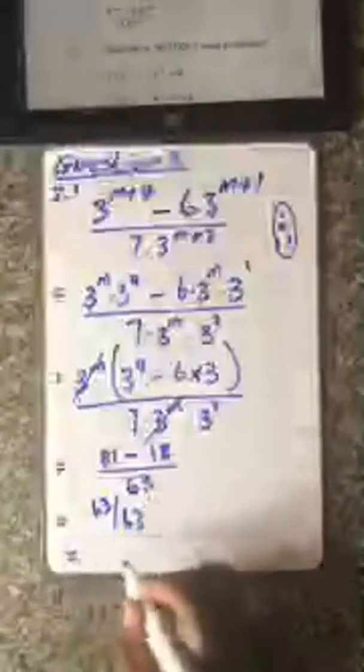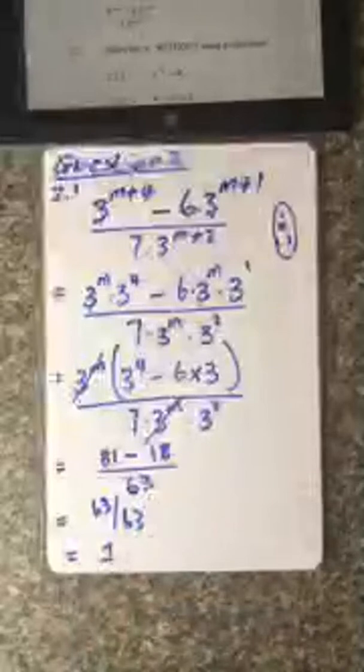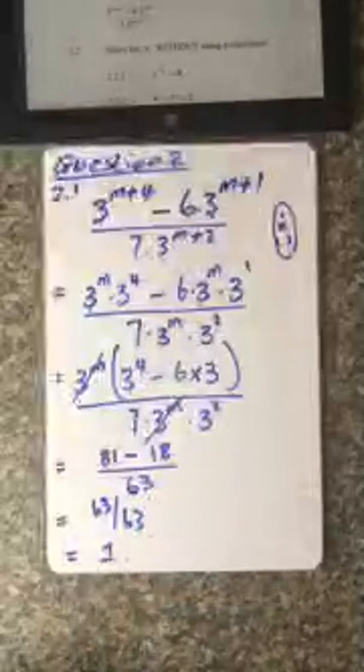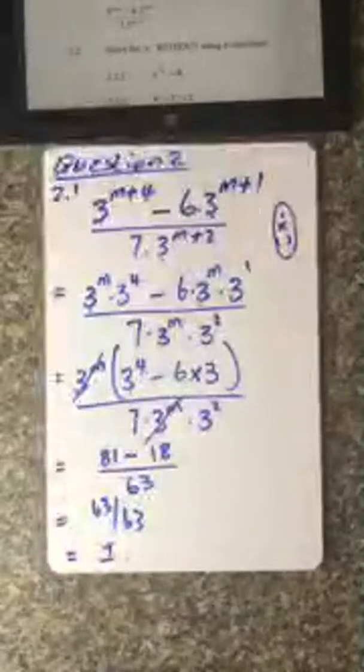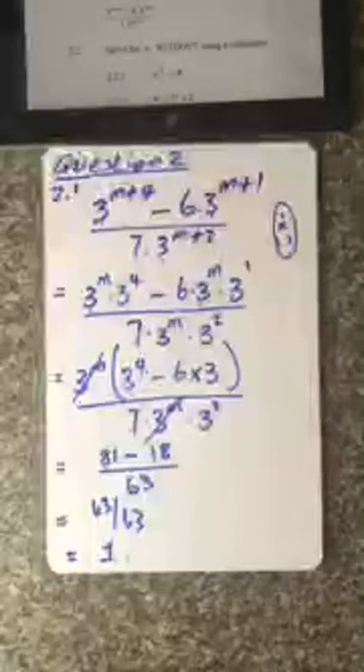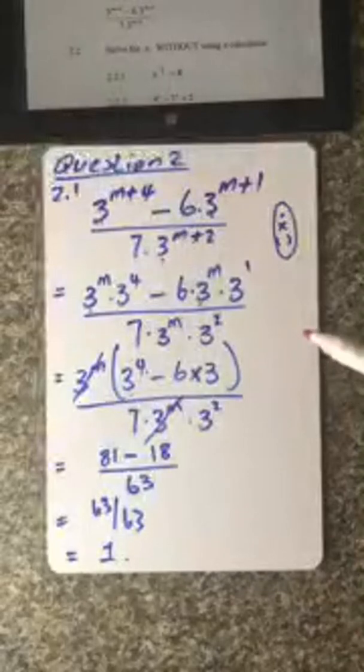So now we've got 63 divided by 63. Can you see, guys? Obviously this is equal to 1. So ladies and gentlemen, I'm not sure if I was moving too fast or I've lost you somewhere along the way, but I think it was an easy and straightforward question.